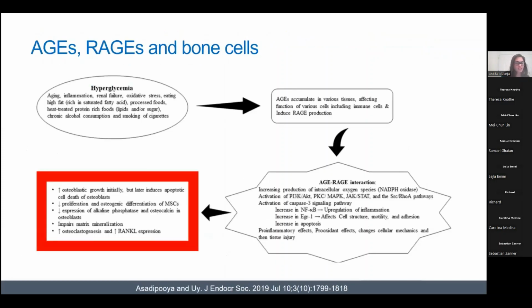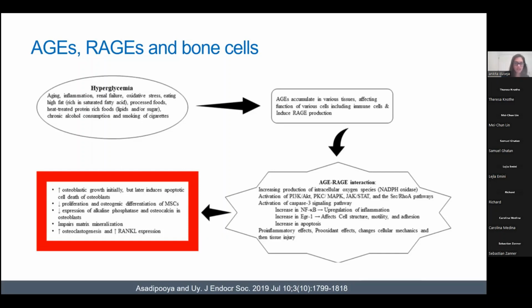This theory that AGEs might also be working via altering bone turnover, the evidence for this comes from a review where they explain how AGEs may relate to bone, and the authors propose that hyperglycemia, which results in the accumulation of AGEs, and the AGEs bind to the RAGE receptor, and they have a number of effects.